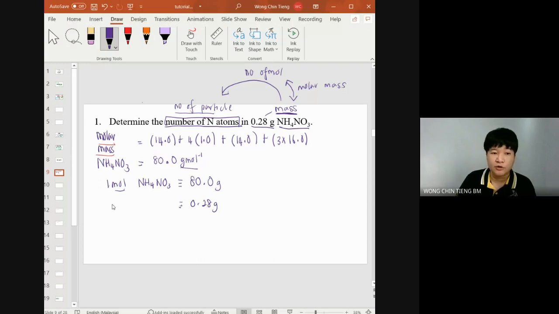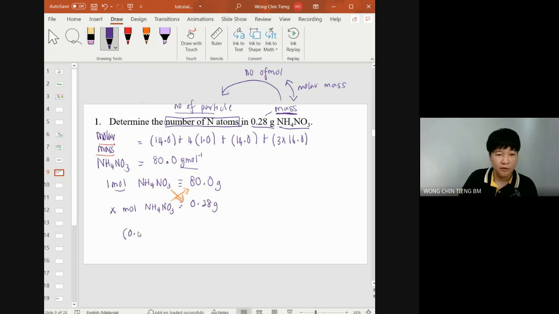And obviously, I'm looking for the number of mole. And normally, we will put unknown so that it's easier for you to calculate. X mole of NH4NO3 is how much? And darab silang. You will then get 1 times 0.28.